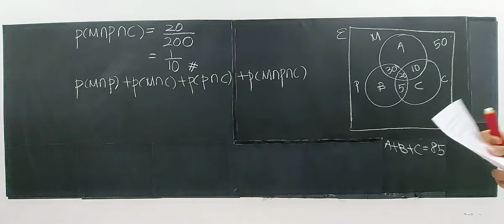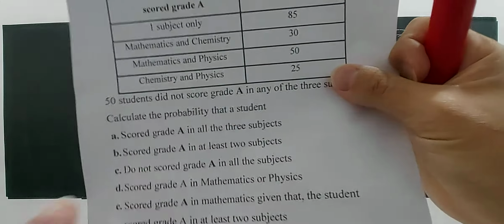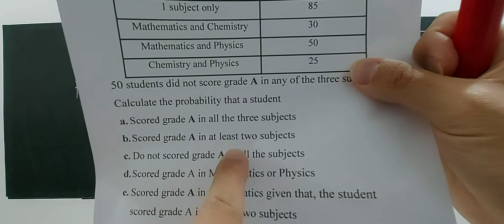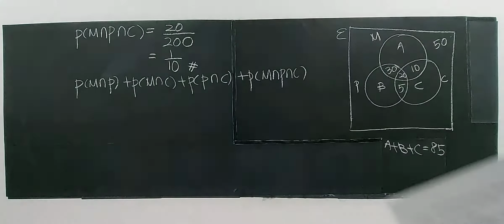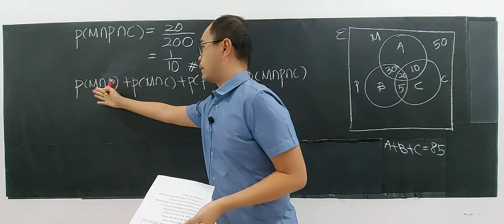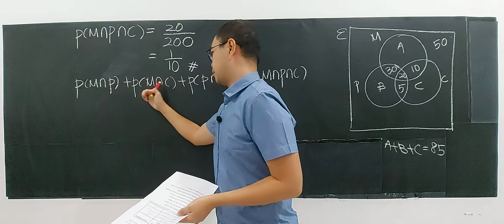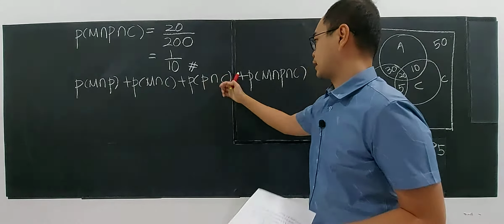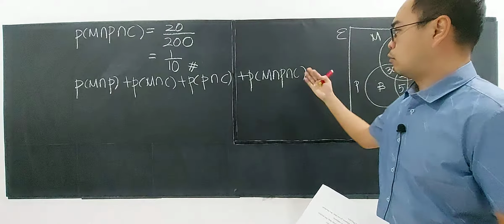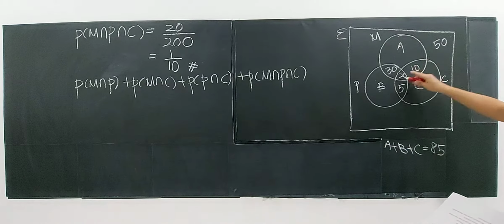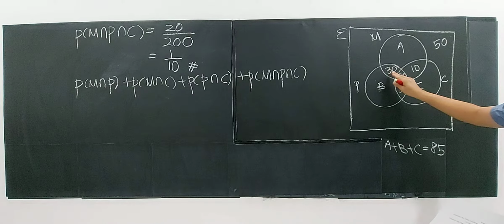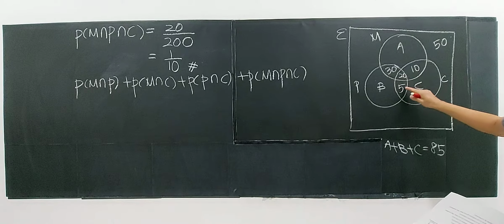The meaning of at least means sekurang-kurangnya. At least 2 subjects: mathematics and physics, mathematics and chemistry, or physics and chemistry, or 3 subjects, which means this region here. 30 plus 20 plus 10 plus 5.